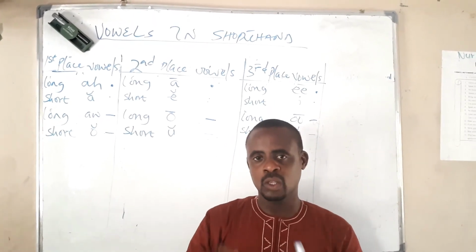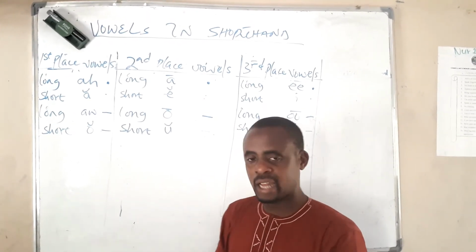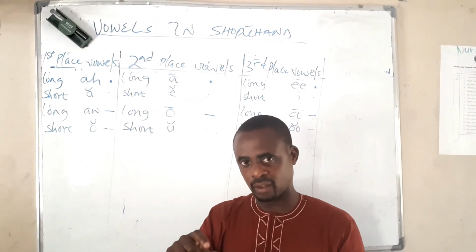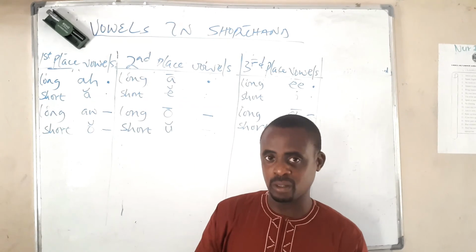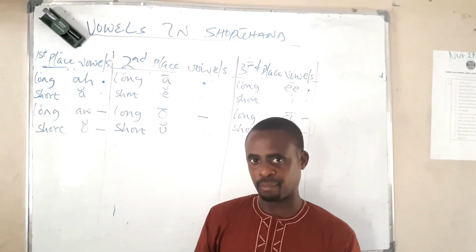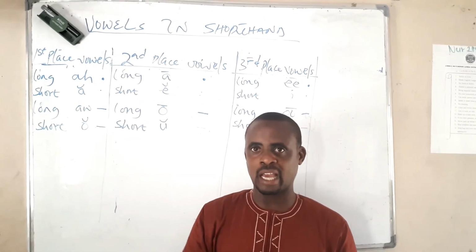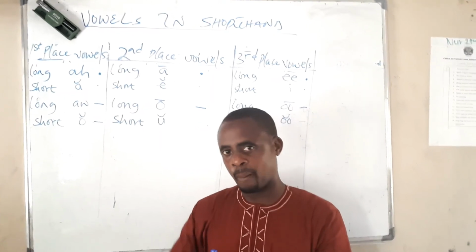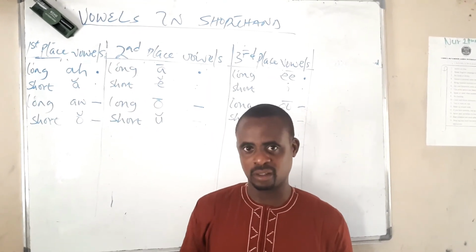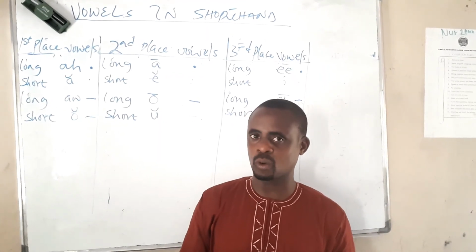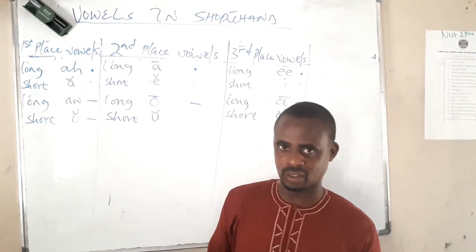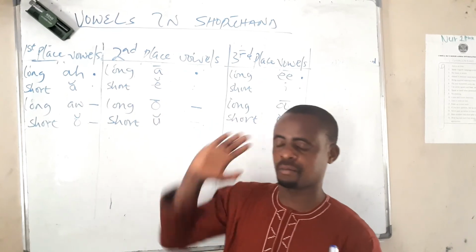Some outlines should be written above the line, some on the line, and some through the line. That is why shorthand can't be written on a plain sheet. You have to draw a line if you want to write an outline, because of these divisions: first place, second place, and third place.